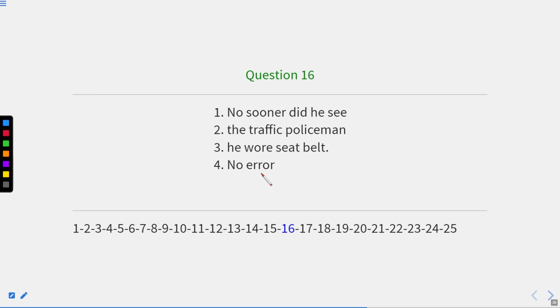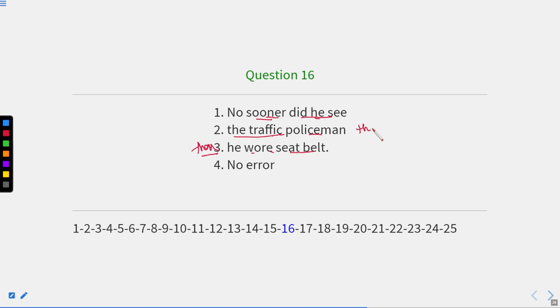No sooner did he see the traffic policeman, he wore seatbelt. Now as I told you that whenever no sooner comes, we use then to make pair with it. No sooner did he see the traffic policeman, then he wore the seatbelt. Now, with no sooner, we always use then. So before this, we need to use then. Now, if you see the sentence carefully, no sooner did he see the traffic policeman.